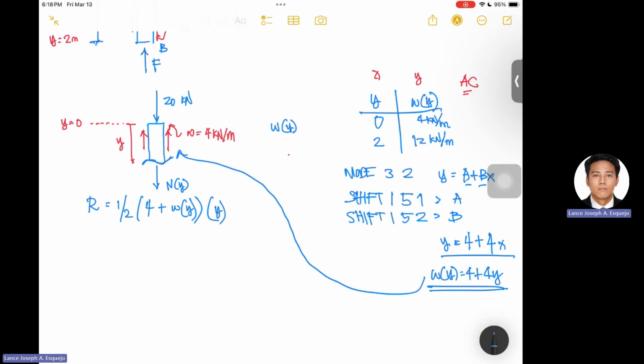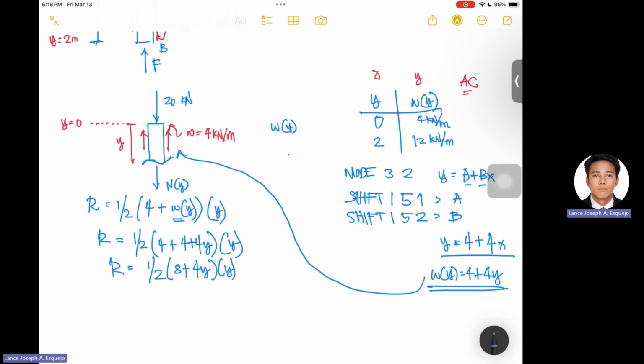And then substituting the value of w of y, we now have 1 half times 4 plus 4 plus 4y times y. And then simplifying, we have 1 half times 8 plus 4y times y.